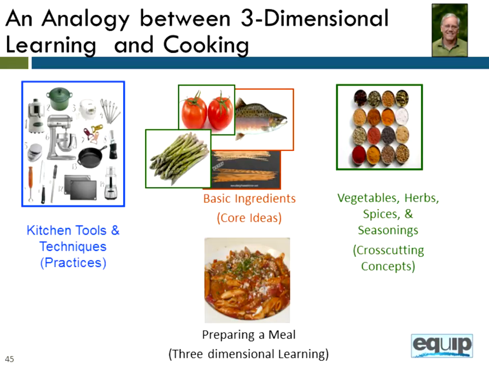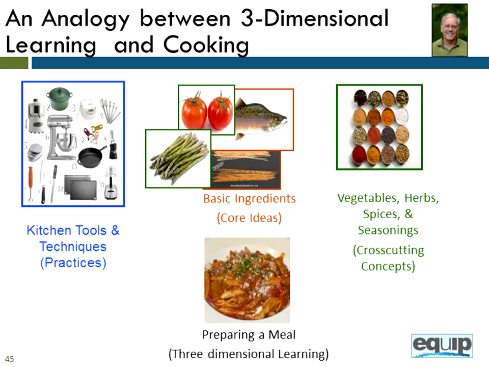So if I can pick out these core ingredients and I have these kitchen skills, I can make something that tastes pretty good. But it's not great. It's really not going to be satisfying. Why not? Well, it's because I'm missing my herbs and my spices and my seasoning. Those herbs, spices, and seasoning, I'm going to use different ones, but they cut across the meals to bring out that flavor.